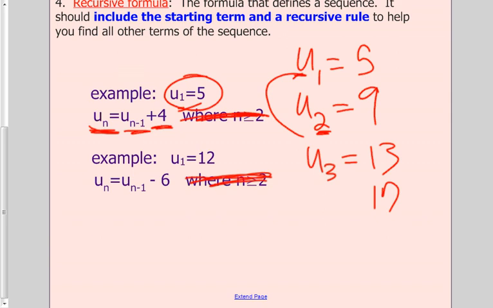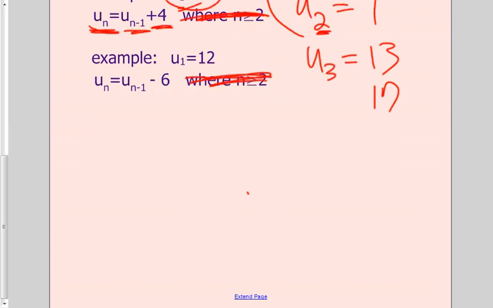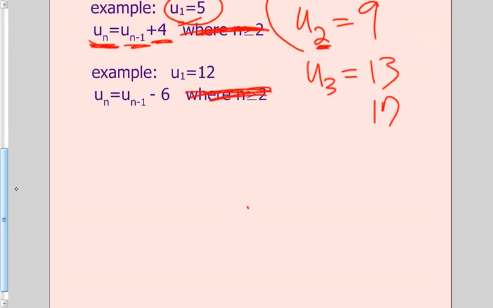Same thing. Let's take a look at the second one here. Why don't you work on that and find the first 4 terms of u. So find u sub 1, u sub 2, u sub 3, and u sub 4. Once you do, compare your answers with the person sitting next to you. Pair up right down the rows there.